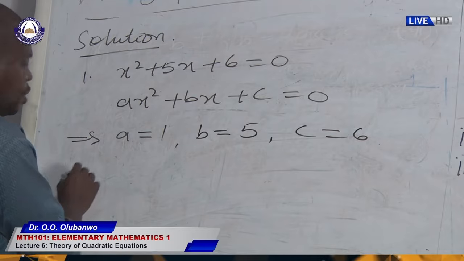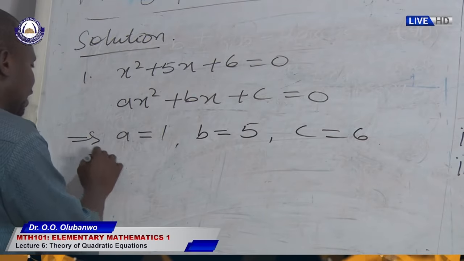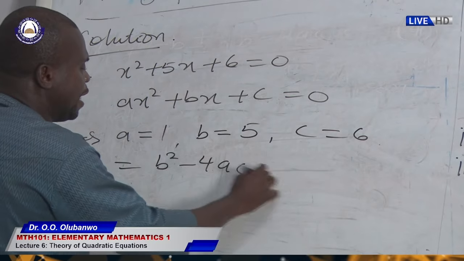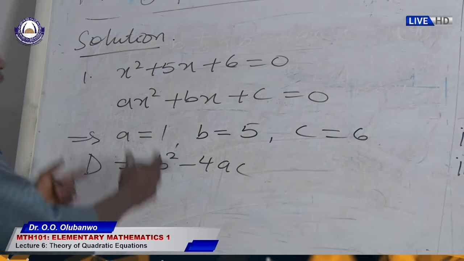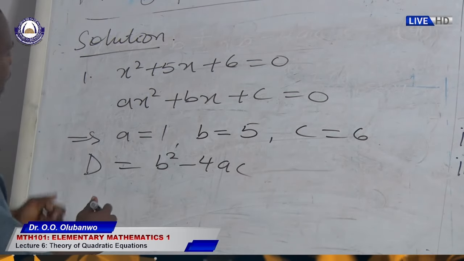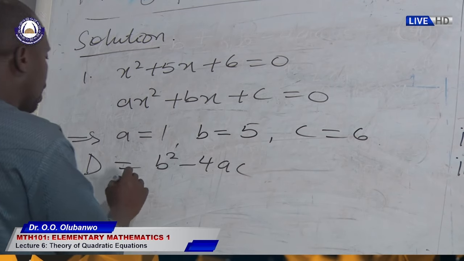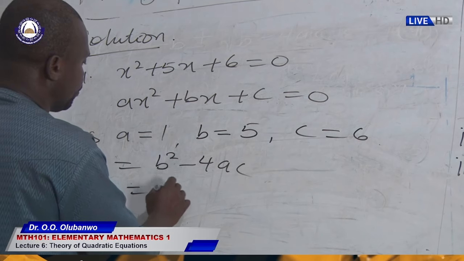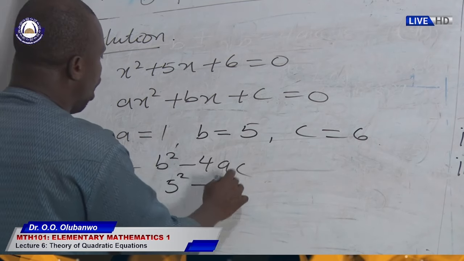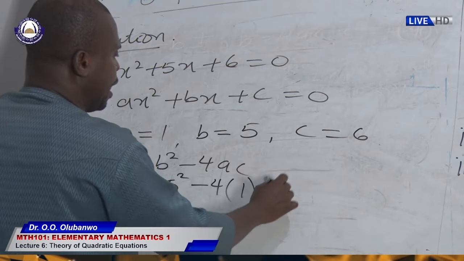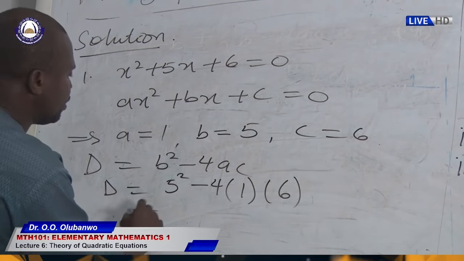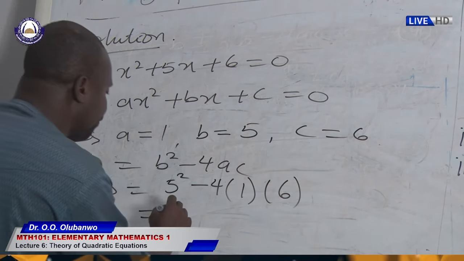Now, class, we all know that the discriminant D is b squared minus 4ac. Let's now compute so that we can obtain our discriminant. Our D will be, our B is 5, that's 5 squared minus 4 times 1 times 6. 5 squared is 25.